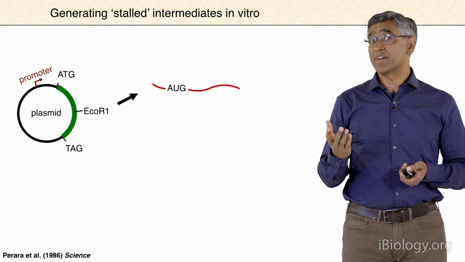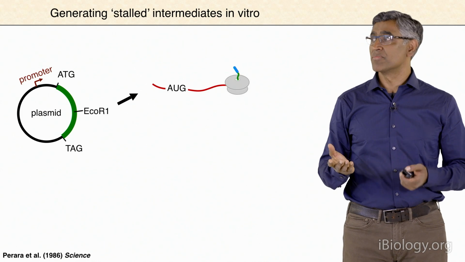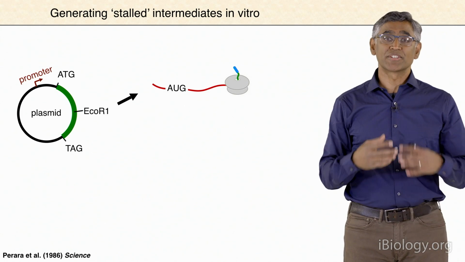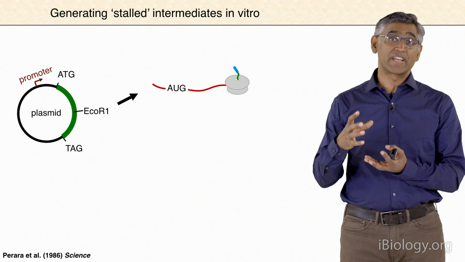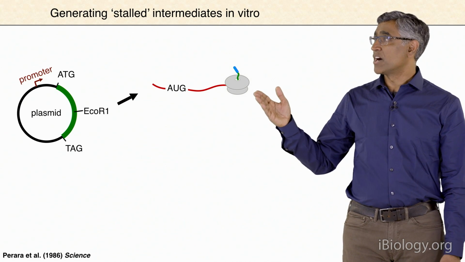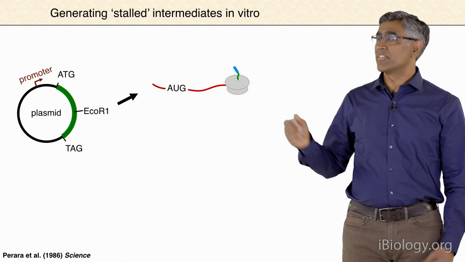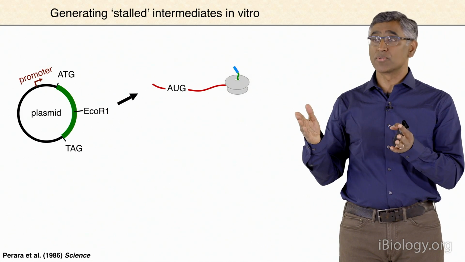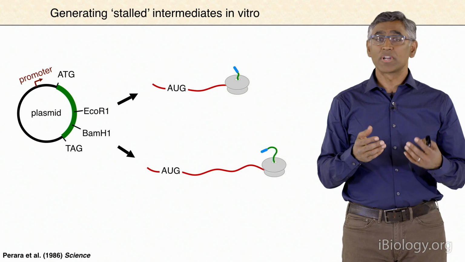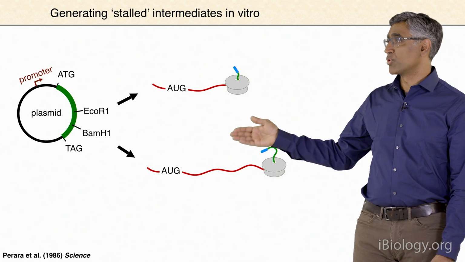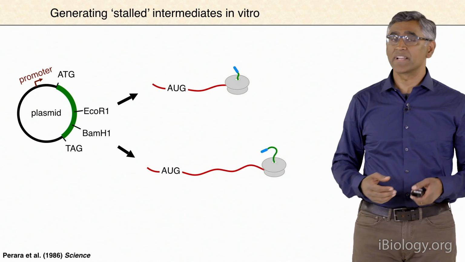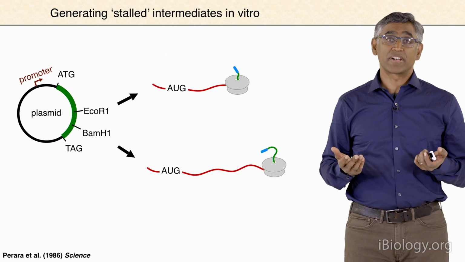If you now put that mRNA into a translation system, the ribosome in that system will translate to the end, and it turns out stops at the end of that mRNA. So that means it will have synthesized up to the part that encodes the protein to that point in the sequence. And so, of course, if you cut at a slightly later point, for example, at a BamHI site, and then translate that, you'll generate a longer product.